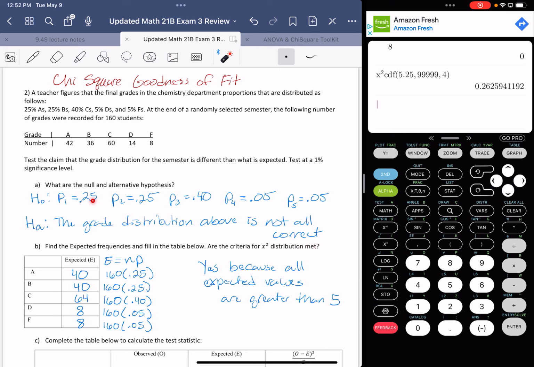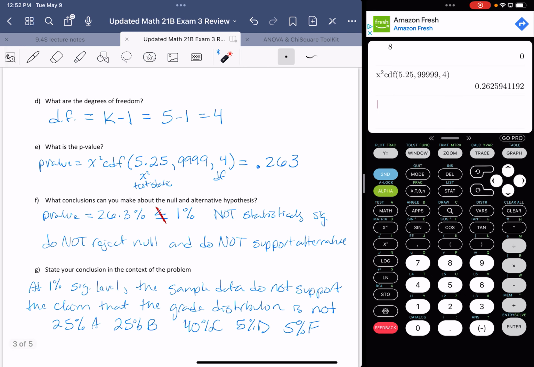So I'm just recopying what the grade distribution was. The alternative hypothesis was that the grade distribution is not these values, and our sample data does not support that.